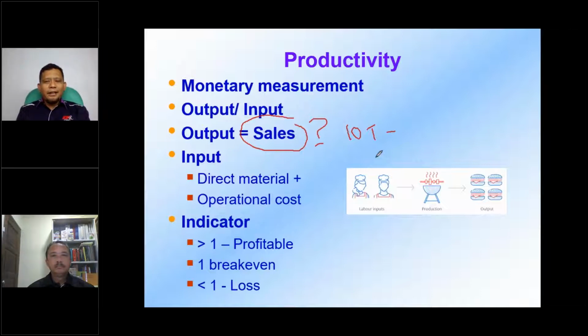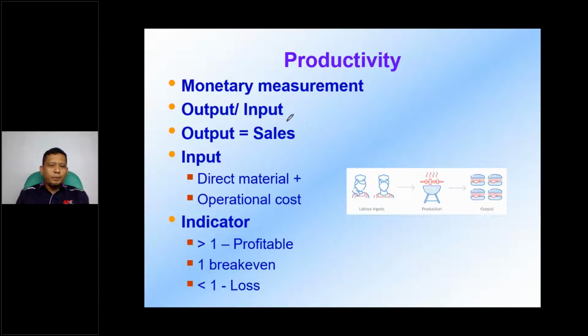And then after so long, maybe after 10 years, they didn't realize it. I produce, my plant is efficient, but why didn't I make a profit? So this measurement has to be corrected. Instead of measuring the efficiency in terms of plant utilization, the best is by looking at output divided by input.